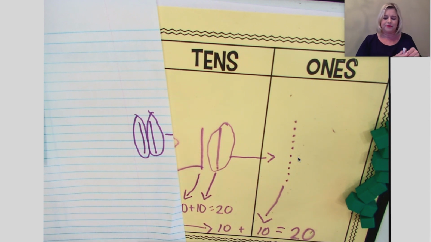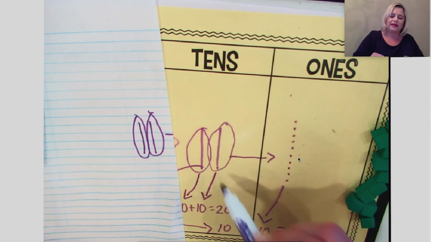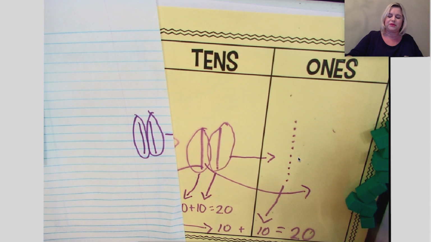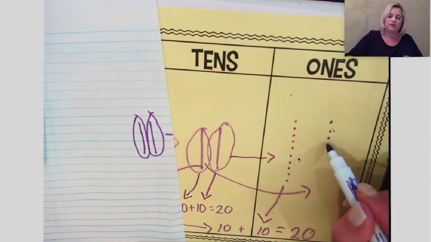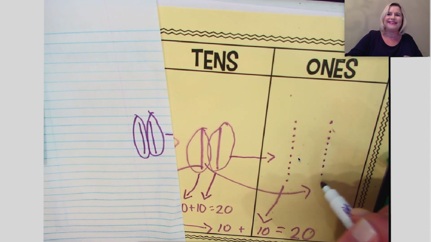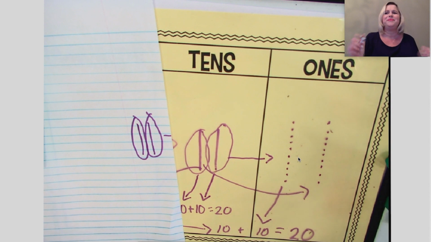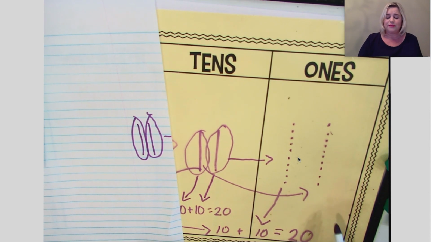Let's see. I am going to take this 10 rod and I am going to slide it over to the ones place. 1, 2, 3, 4, 5, 6, 7, 8, 9, 10. I added it to my place value mat. You can do this as well with your drawing.